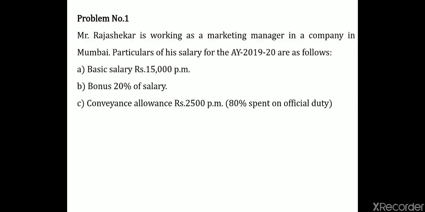So that is 2,500 into 12, and you have to deduct the exemption, which is 2,500 into 80% per month. That will be the exemption amount.